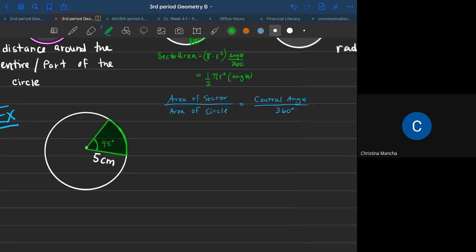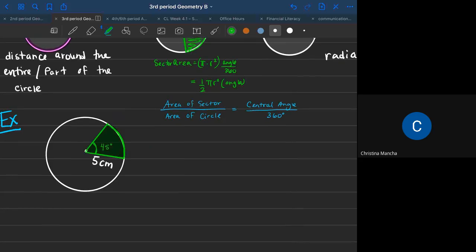So we're going to take our equation. Okay. So we know that the area of the circle is pi times radius squared.